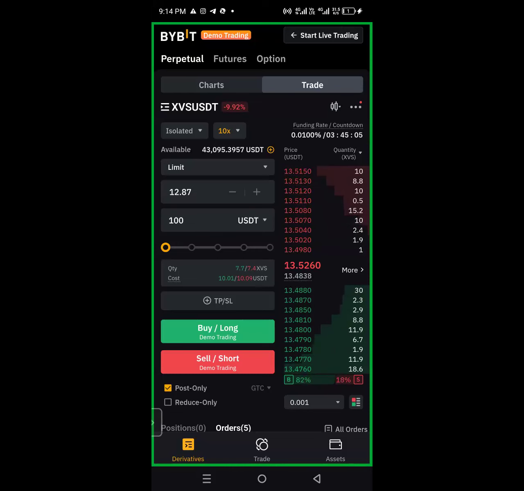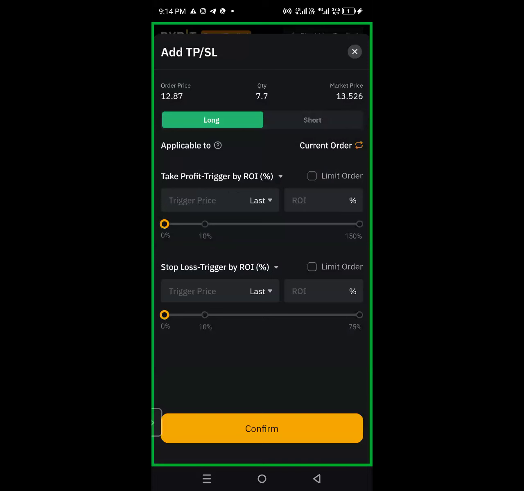Okay. Now, the 1,000. Oh, I have to enter our entry point and stuff. The idea is buy, right? You're buying.